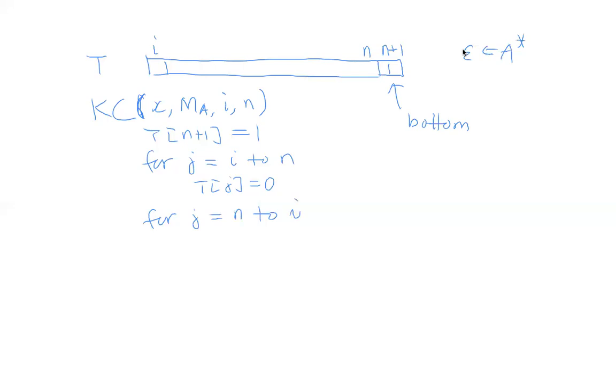Okay, so whenever my position j is here, then I'm going to look for k from j to n.